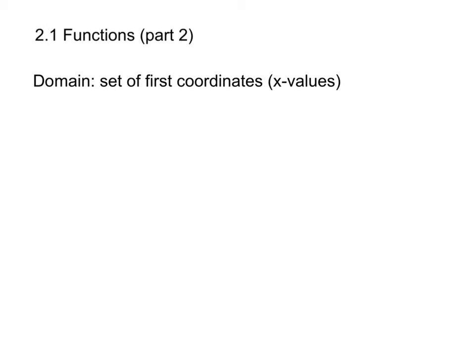So when we looked at rational functions, we said we couldn't divide by 0, and we looked at places where we would divide by 0. With square roots, whenever we talk about taking the square root of a number, we want to try and get a real number, so that's places where the domain would come in. The range, on the other hand, is the set of all second coordinates, which most of us think about as the y values.